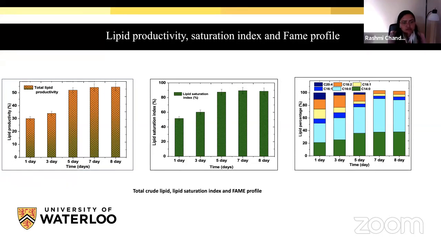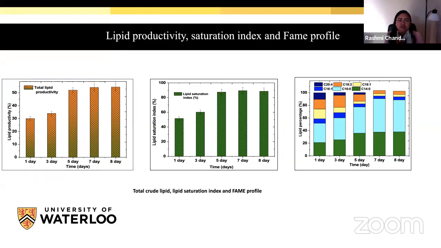After the total lipid productivity, we looked at the saturation index, and actually they have a very good saturation index, a maximum of 80%. Even after 5 days, all have 80%. It means that of all the lipids we extracted, 80% is useful for the production of biodiesel.